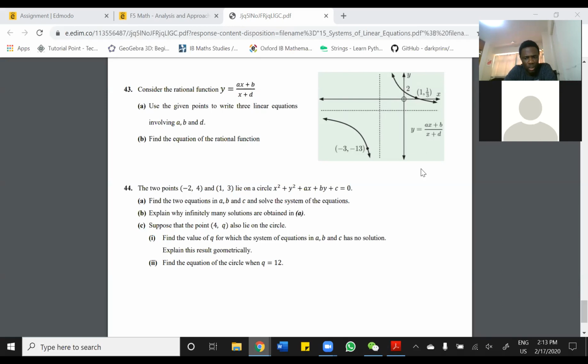So basically, Leo, you are going to have to form another equation using 4 and q. So now you'll be having a 3 by 3 problem. So I just give you a clue, then you can try it again. Let me know.